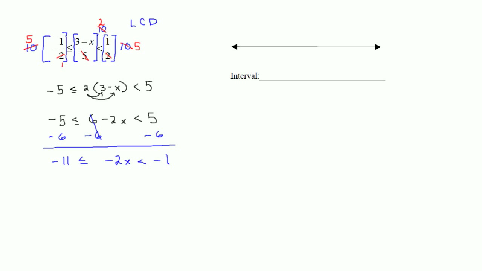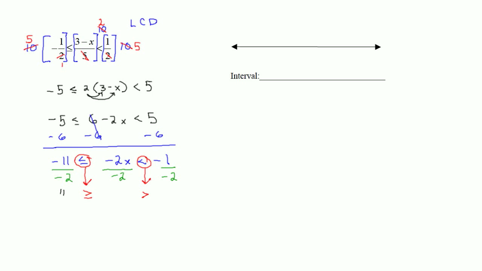Next I'm going to divide by negative 2. Remember that if we're dividing by a negative, we have to flip the inequality symbols. We're going to flip both of them around, but we flip them around in place. So this less than or equal to becomes a greater than or equal to. This strictly less than becomes a strictly greater than, and then we can figure out what we should have left in each of these places.